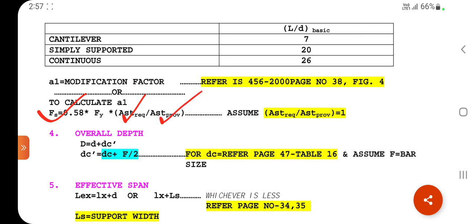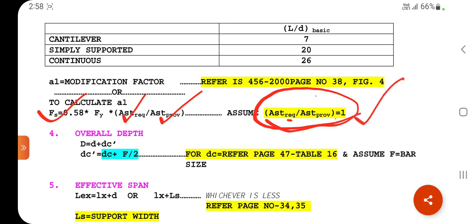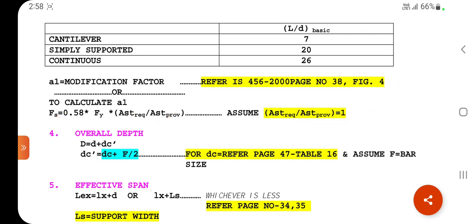Now what we do here is assume that our Ast required is equal to Ast provided, that is, Ast required upon Ast provided is 1. By substituting the values into Fs, we plot the diagram to calculate the value of alpha 1.